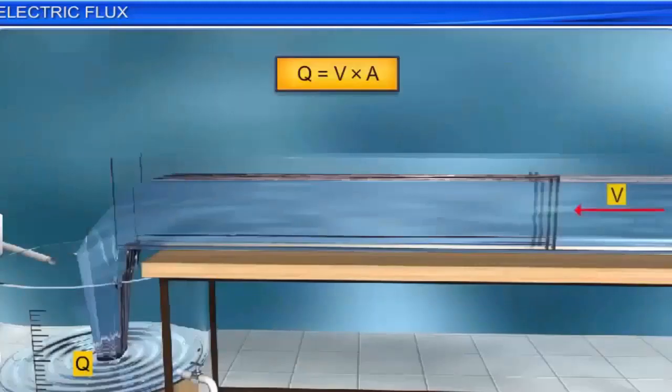Q is equal to V into A, where V is the velocity of water flow and A is the area through which water flows. In this equation, A should be perpendicular to the direction of flow of water.